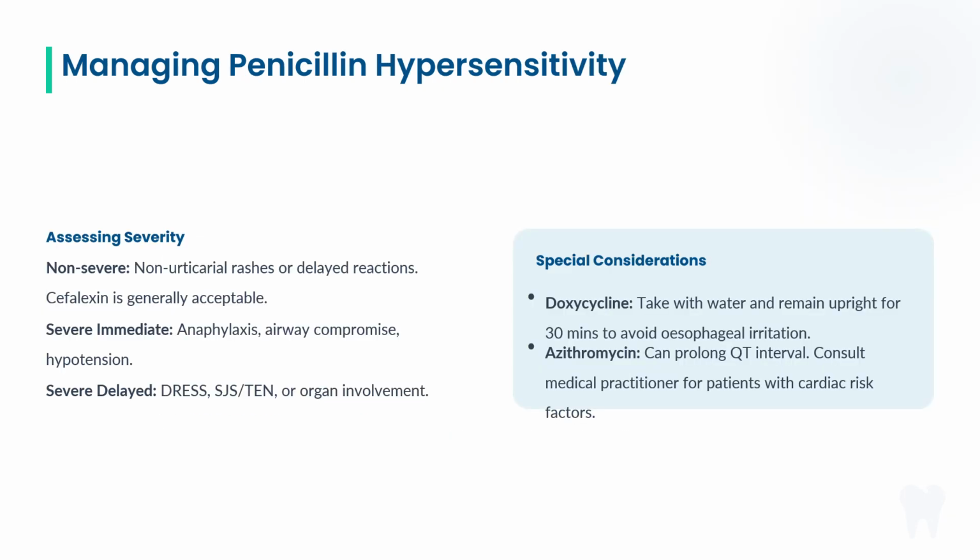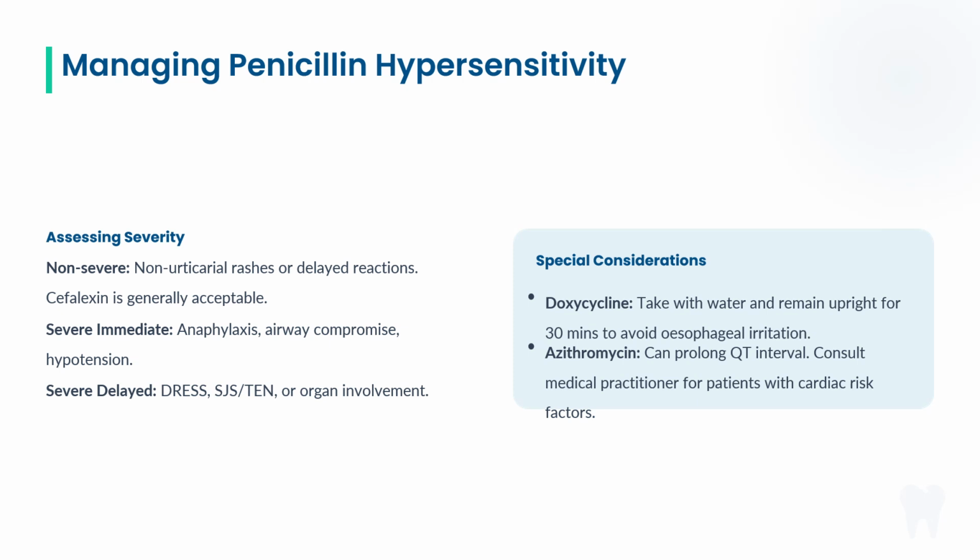Now let's look into managing penicillin hypersensitivity. When we look into penicillin hypersensitivity, we have non-severe, severe immediate, and severe delayed. Non-severe, the patient comes with rashes or a delayed reaction, where cephalexin is generally acceptable.